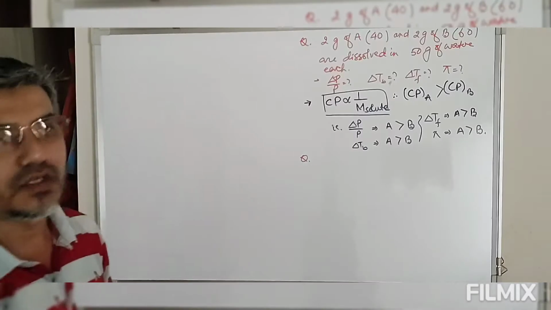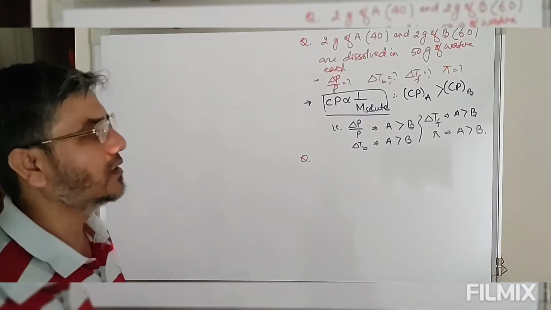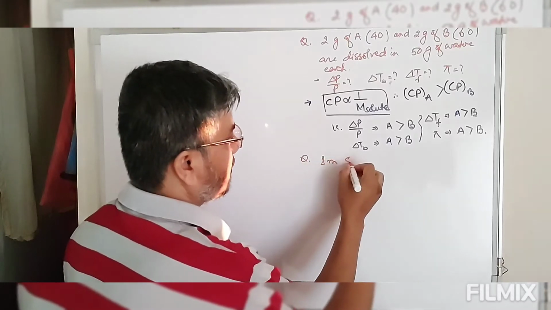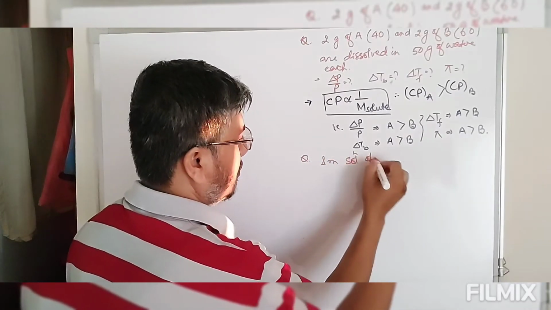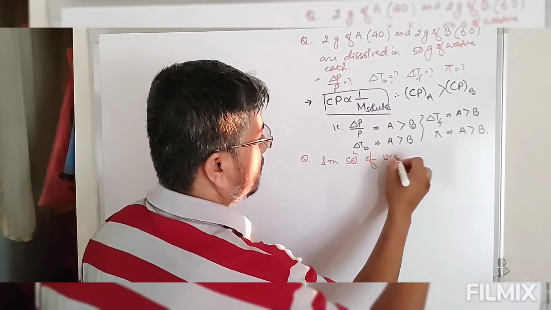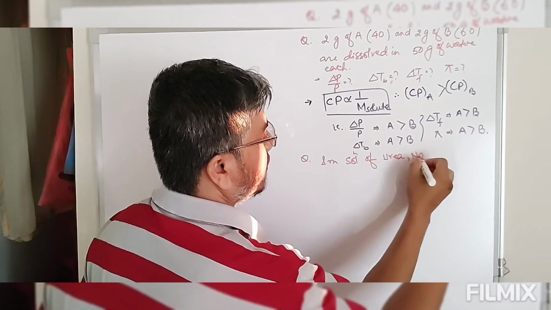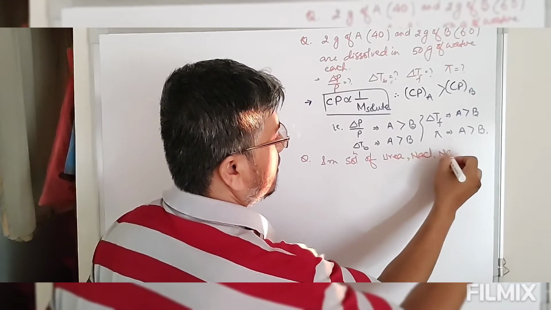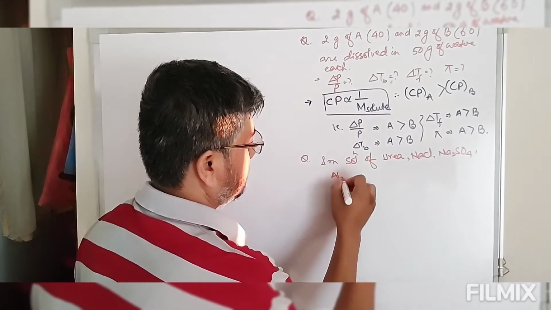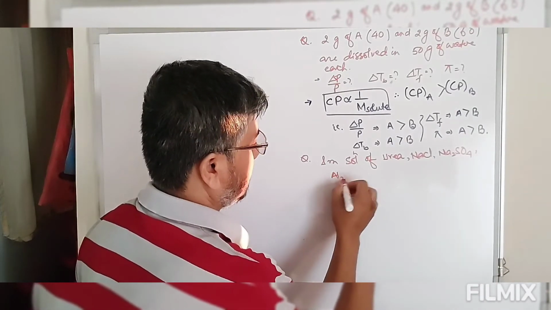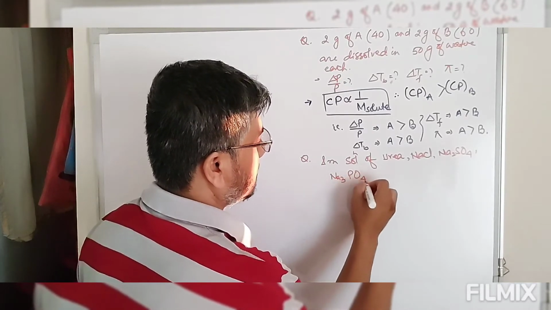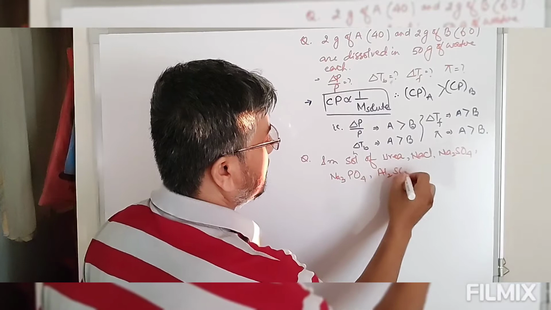Second question. Now we are given different solutions: 1 molar solutions of urea, sodium chloride, sodium sulfate, sodium phosphate, aluminum sulfate.